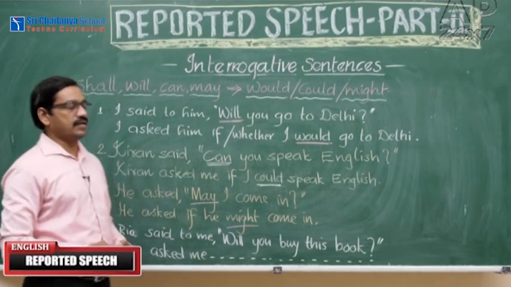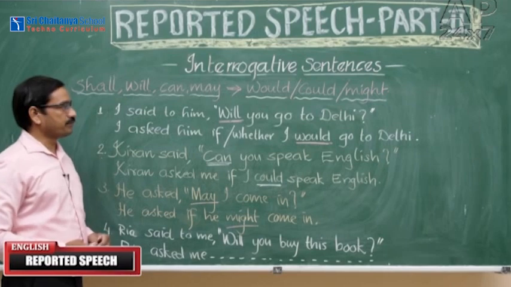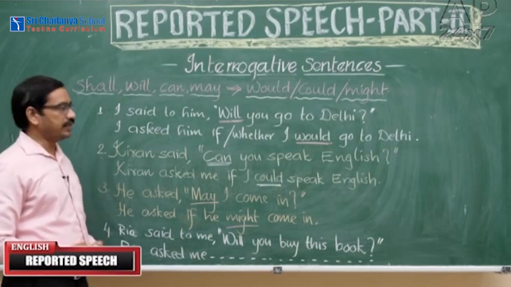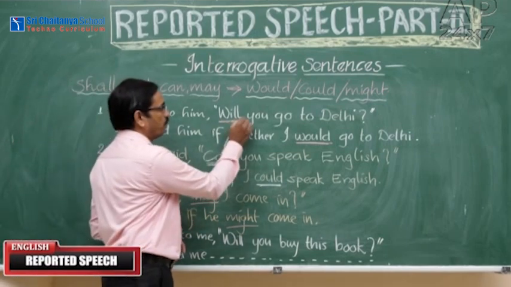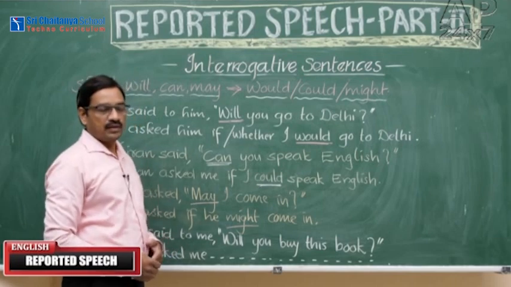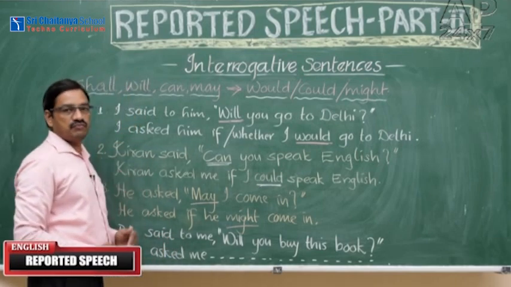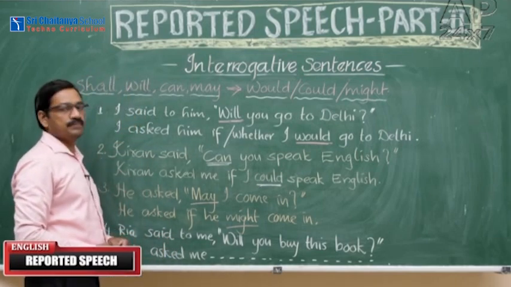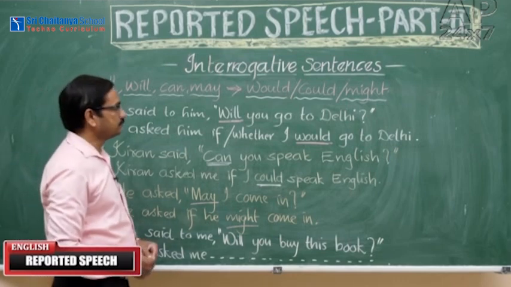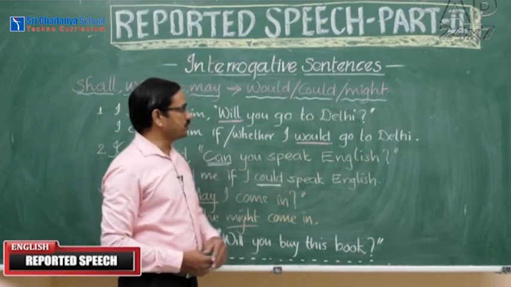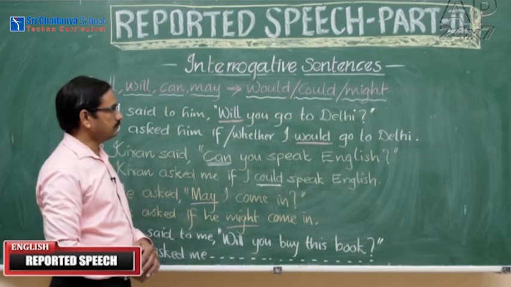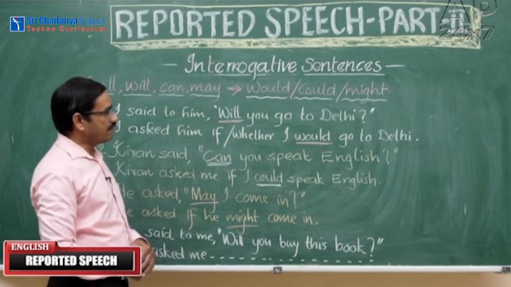Let's see a few examples. I said to him, "Will you go to Delhi?" So the indirect speech we are going to change. I asked him if or whether I would go to Delhi.